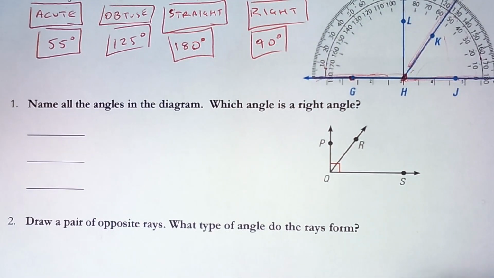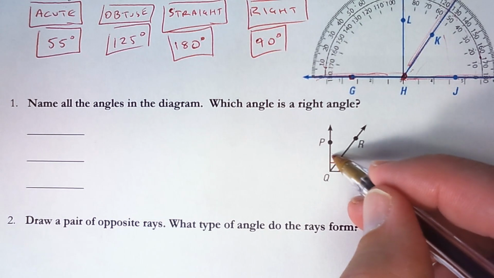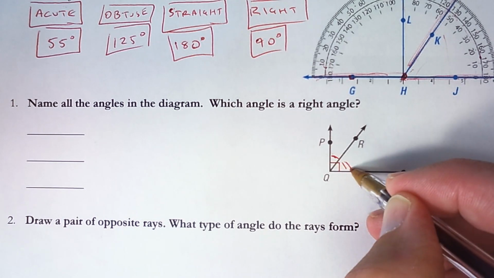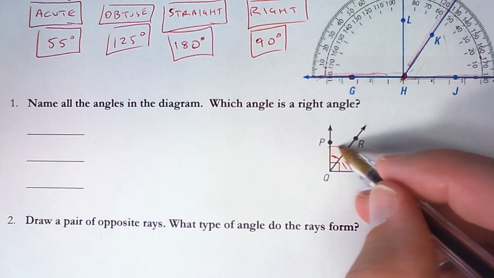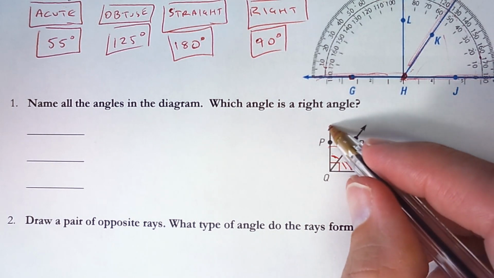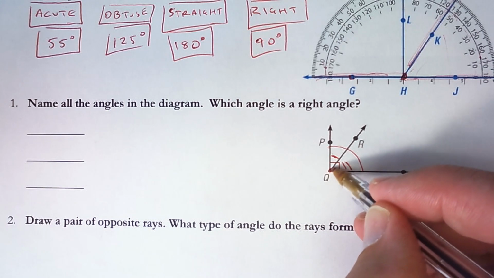Okay? Name all the angles in the diagram. I see 3 angles. I see one here, I see another one here, and then I see a big angle right here. Okay, so I've got angle PQR, where Q is the vertex.